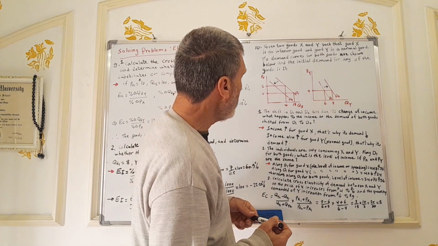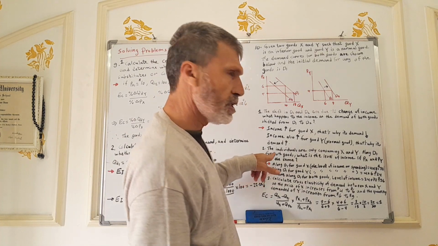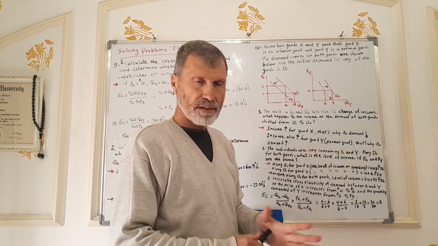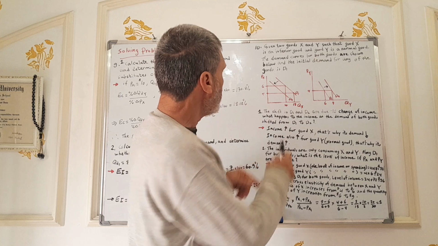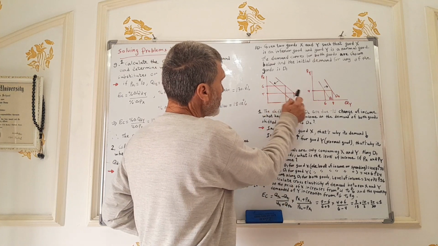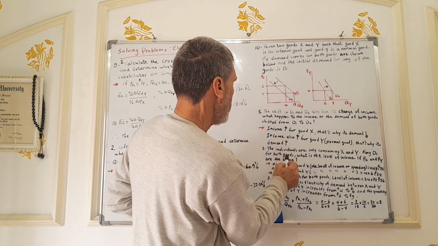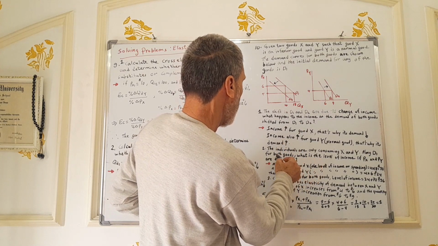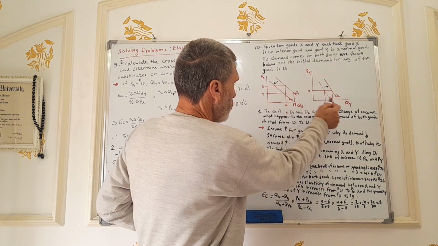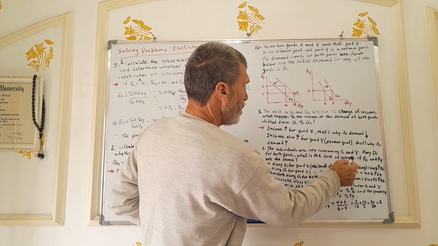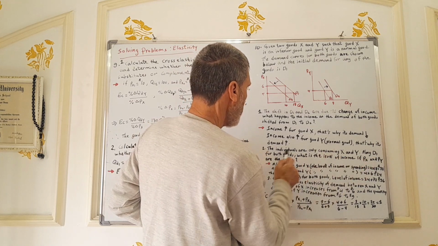Let me repeat the question again. The individuals are only consuming X and Y. Along D1, for both goods X and Y, what is the level of income if Px and Py are the same?